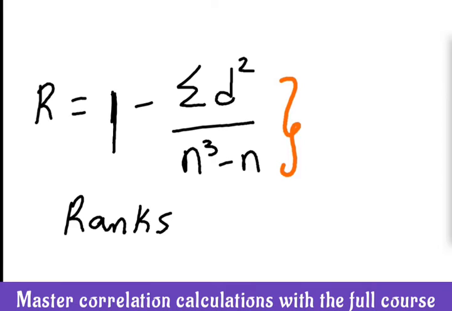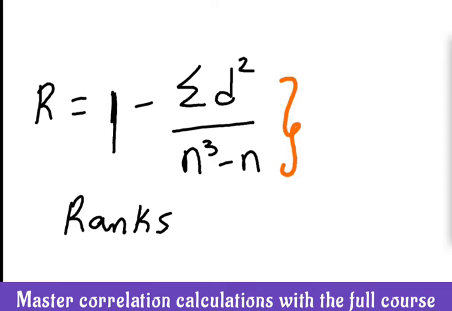Because of that, there is a repetition of ranks. So in that case, we have rank being repeated twice. In that particular case, you can use this formula, or when all the scores are different, so there will be no repetition of ranks, you can use this formula.